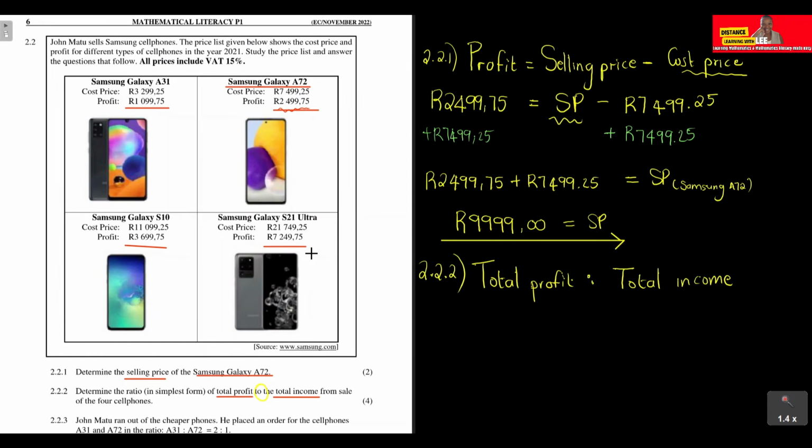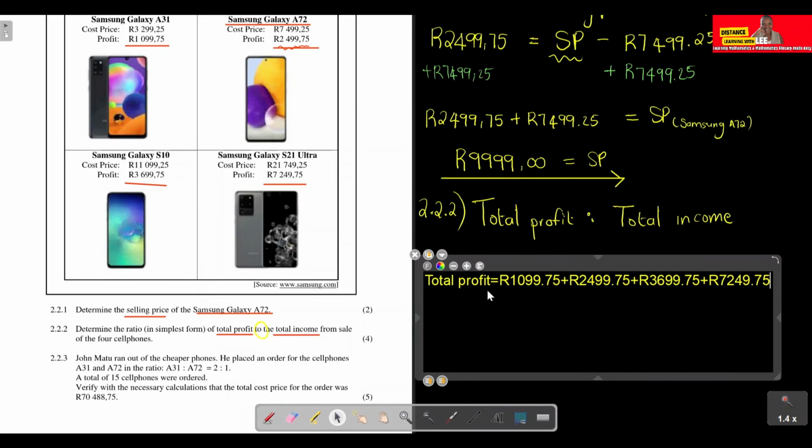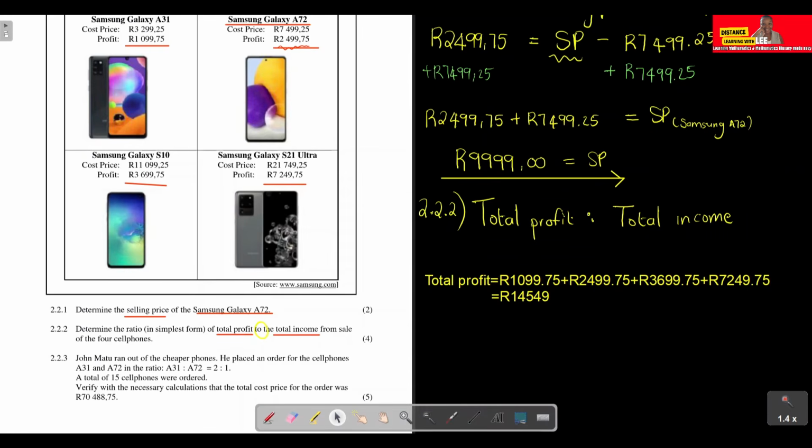We add up all these profits together to get the total profit. If you punch all these values into your calculator, guys, you'll get that the total profit is equal to 14,549.